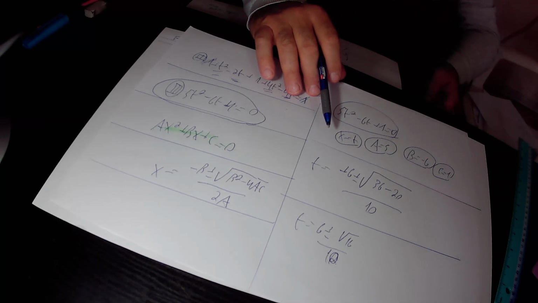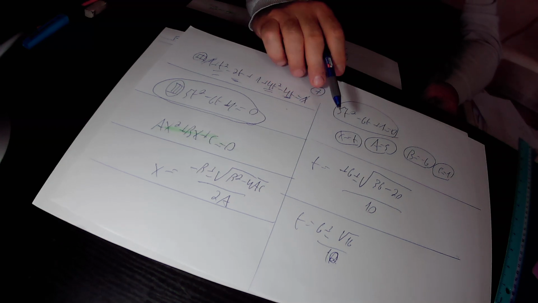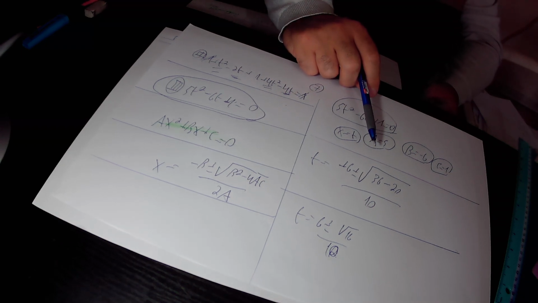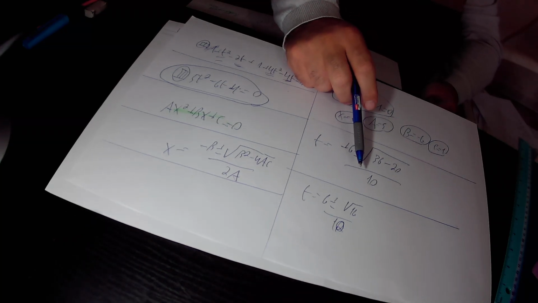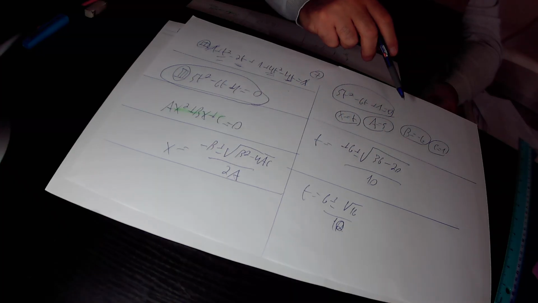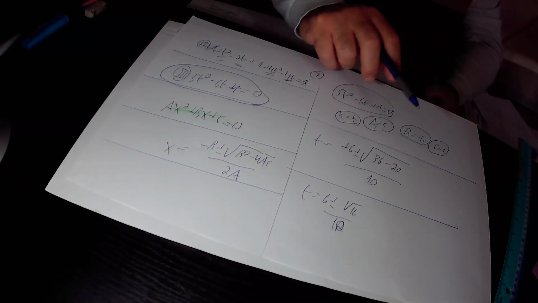So we found out that t equals 6 plus or minus, and inside the root we have 36 minus 20, which is 16, so inside the root we have only 16, divided by 10. And the square root of 16 is 4.